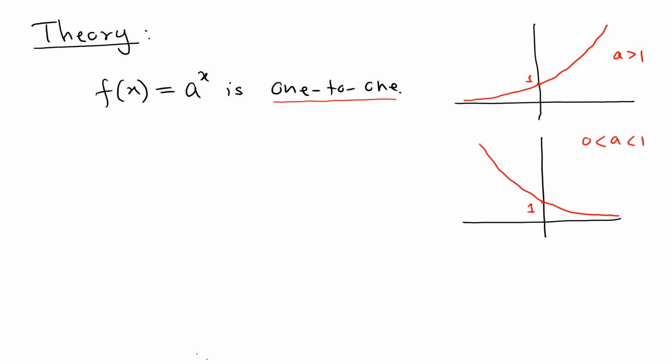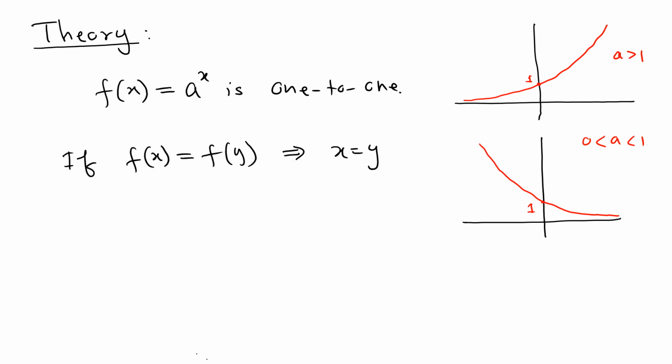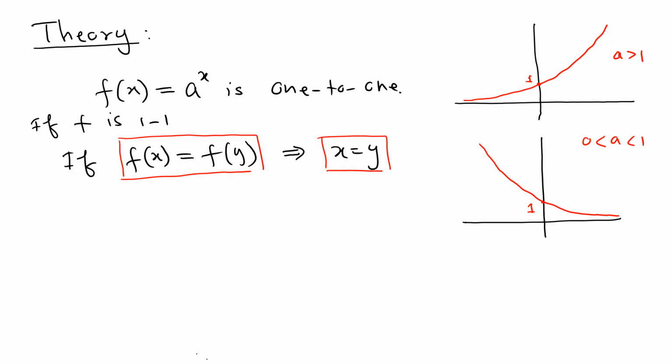And then we know that if f is one-to-one, we have this major theory: if the function values are the same, then the input values should be the same. That is the argument we can use here.